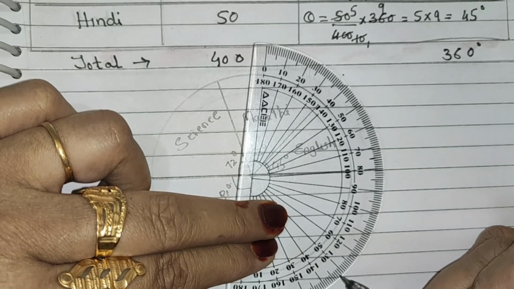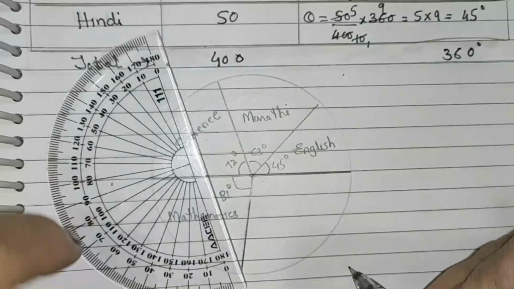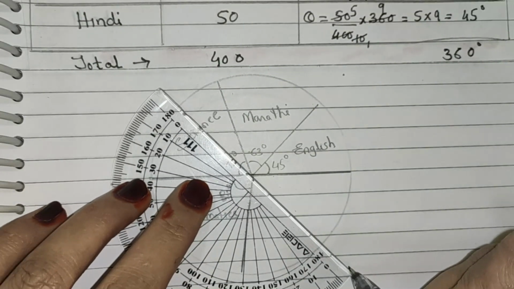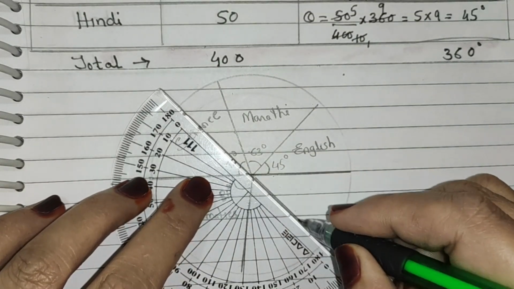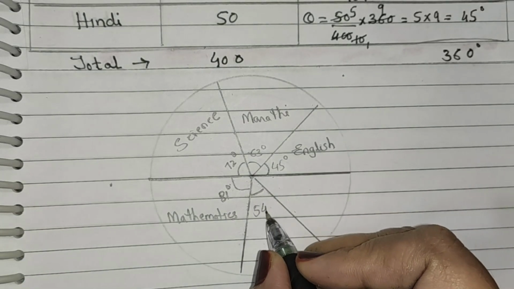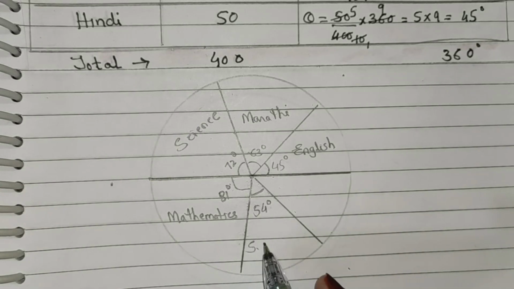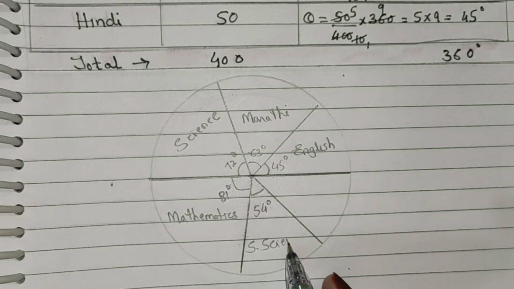Now start from this one 50 and fourth line. Now again draw a radius here. It is of angle 54 and name of the sector is social science. Write down here social science.